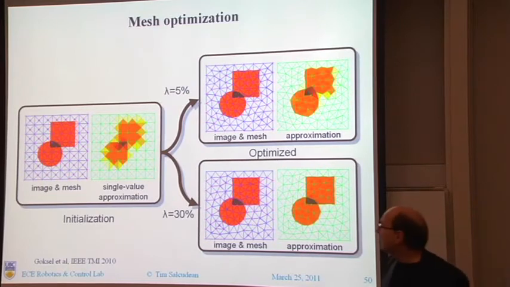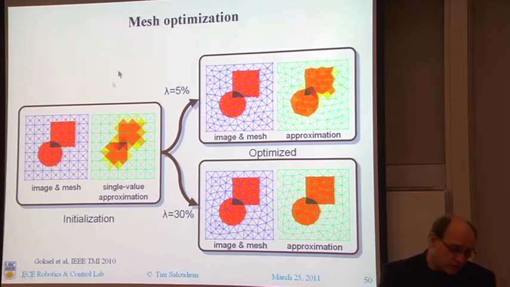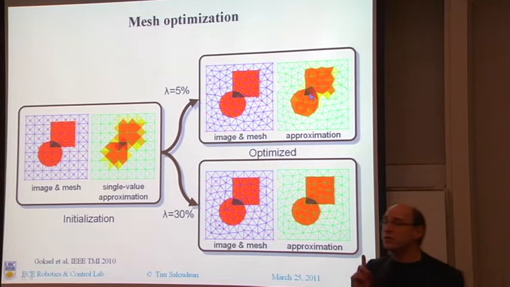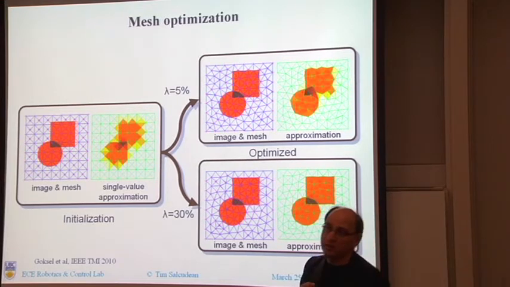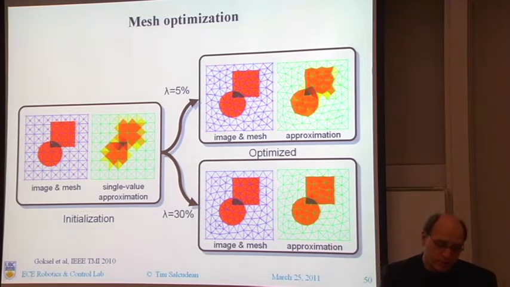Okay, and here on the left, you see what you start with. Here's a standard mesh, and you start with a single value approximation, and what you get is total garbage. You can barely make out what you have there. If you start to optimize the mesh by considering the intensity that's covered by each of the mesh elements, the mesh, without changing its number of elements, adjusts to the target shape.